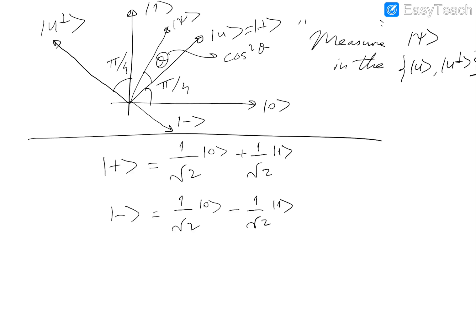Okay, so notice that the vectors in the sign basis are orthogonal to each other. And they are normalized. Now, after measuring, the probability of seeing psi in state ket plus is basically the square of the inner product of psi and plus.